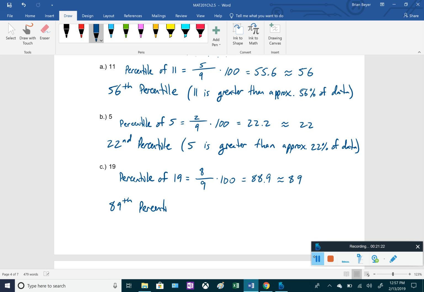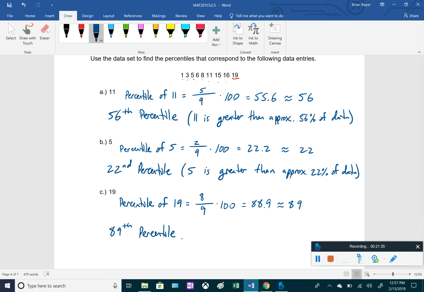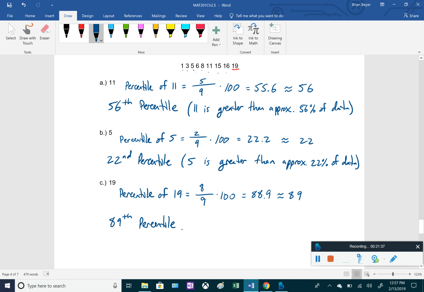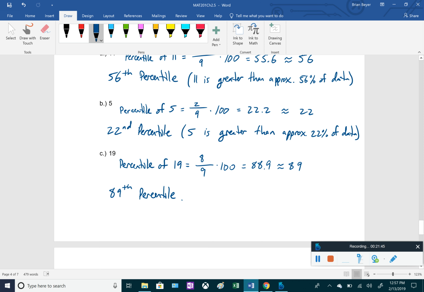So it's a little weird just because this is saying that 19 is greater than 89% of the data, but clearly it's greater than all of the data because it's the largest data entry. So that's why this one's a little bit weird, but based off this way to calculate it, that's what this answer would be for it.